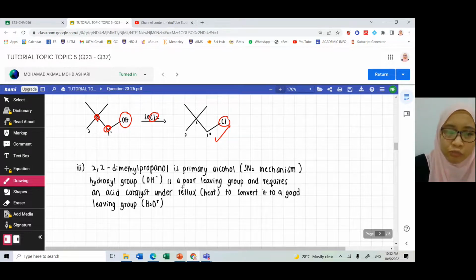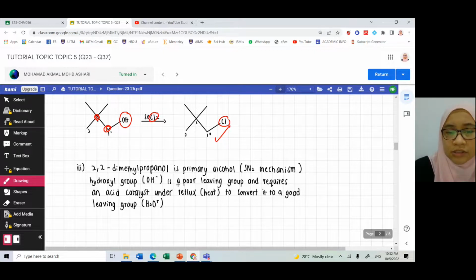So in order to force this OH to be removed, to be kicked off from the molecule, we have to prepare the condition in such a way that it encourages the removal of the hydroxyl group.